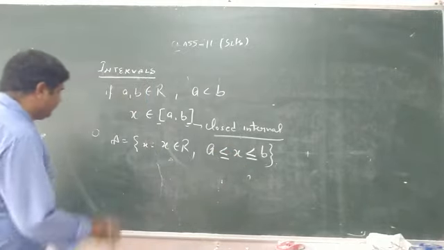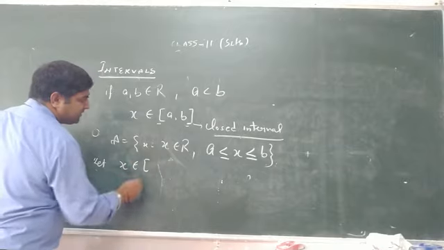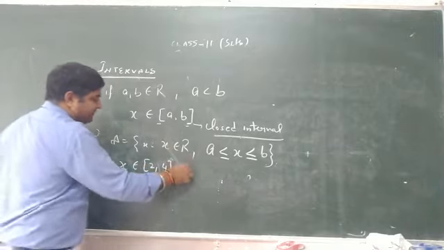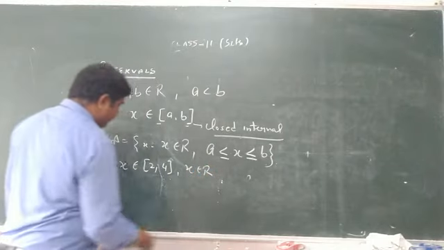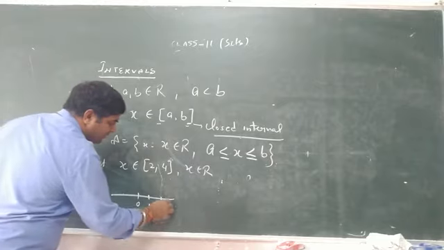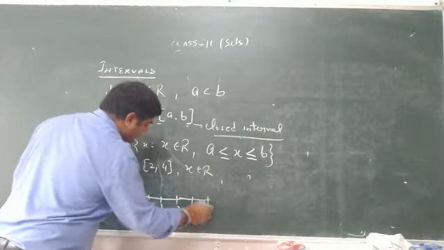Let us take that X belongs to the closed interval [2, 4] and X belongs to real numbers. So when we represent on a number line 0, 1, 2, 3, 4 and this one is taken as 5.